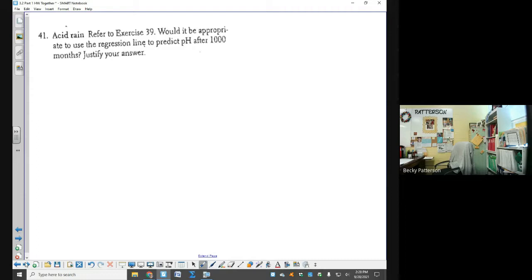Since 4,000 is beyond the 150 weeks? Yes. So no, this would not be appropriate. This would be extrapolation because this is asking to predict something far outside the realm of the data collected. Thank you, sweetie. So don't just say it's extrapolation. Tell me why it's extrapolation. Okay?